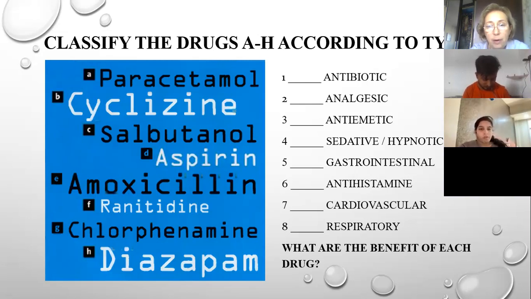And to the right, we have the types of the drugs, and we should match each drug with its type. The types are: antibiotic, analgesic, antiemetic, sedative or hypnotic, gastrointestinal, antihistamine, cardiovascular, and respiratory.